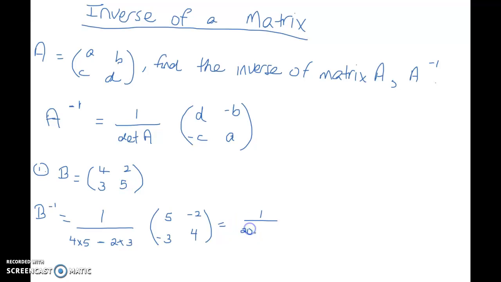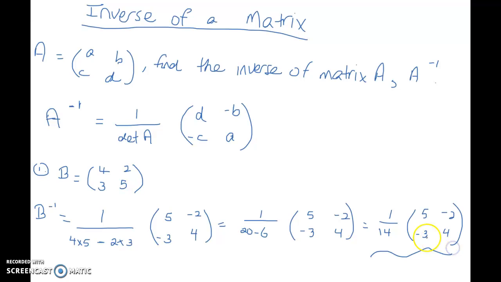So that's 20, take away 6. I'll write it again here, and then write back the matrix. 1 over 14 times 5, -2, -3, 4. And you can leave your answer just like this. This is the inverse of matrix B.